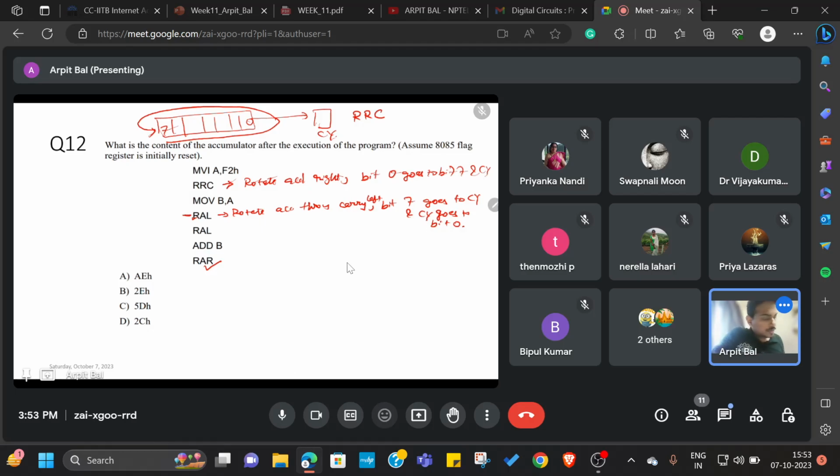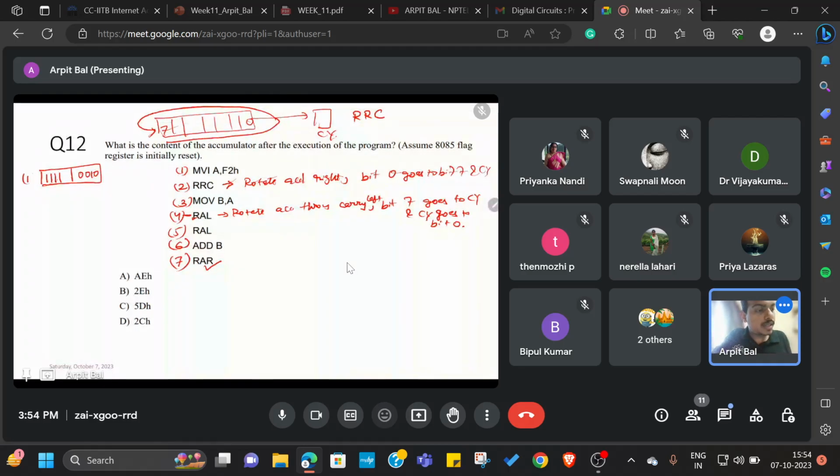Okay, so let us try solving this. Initially, let me call this 1, 2, 3, 4, 5, 6, 7. First the content of A is F2. F means 1 1 1 1 and 2 means 0 0 1 0.